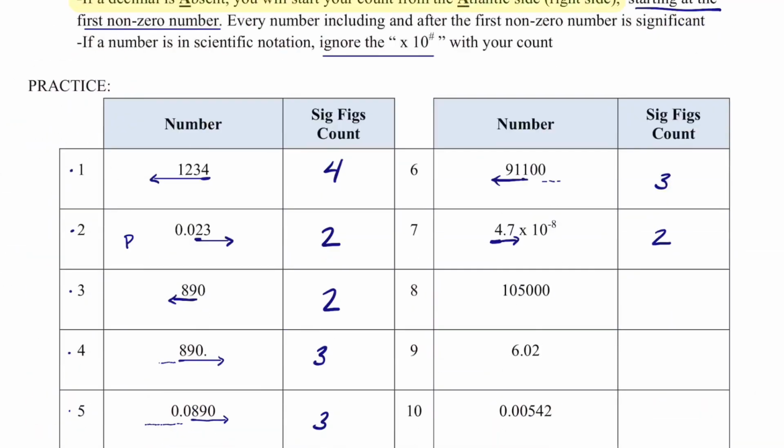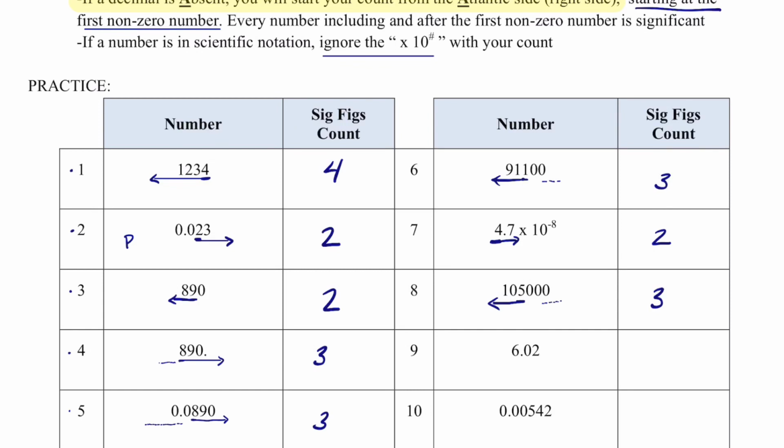So that does not surprise me that I have 4.7, so I should have 2 significant figures. Okay, number 8, no decimal is present. So I'll start on the absent side, and I'll keep traveling until I hit my first non-zero number. That'll be 5. Everything including and after 5 is significant, so that has 3 significant figures.